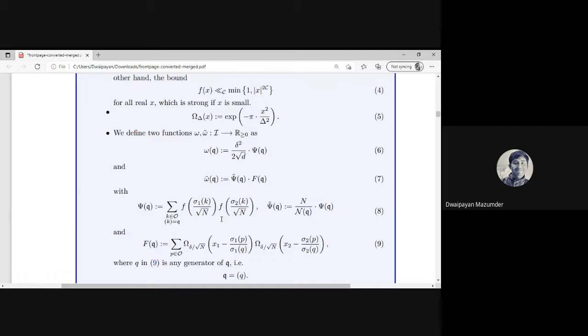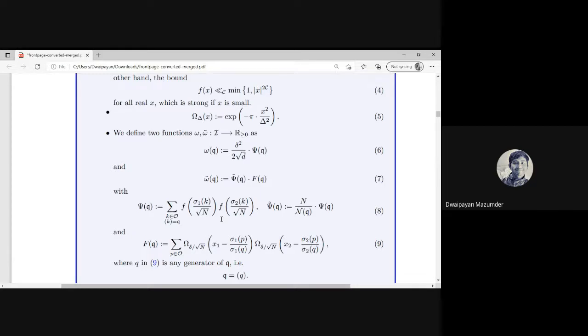We are taking all such k from the ring of integers such that k generates q, and we have f of sigma_1(k) over square root of norm, and f of sigma_2(k) over square root of norm. And psi tilde q is the same as psi q but with a scaling, n by norm q.